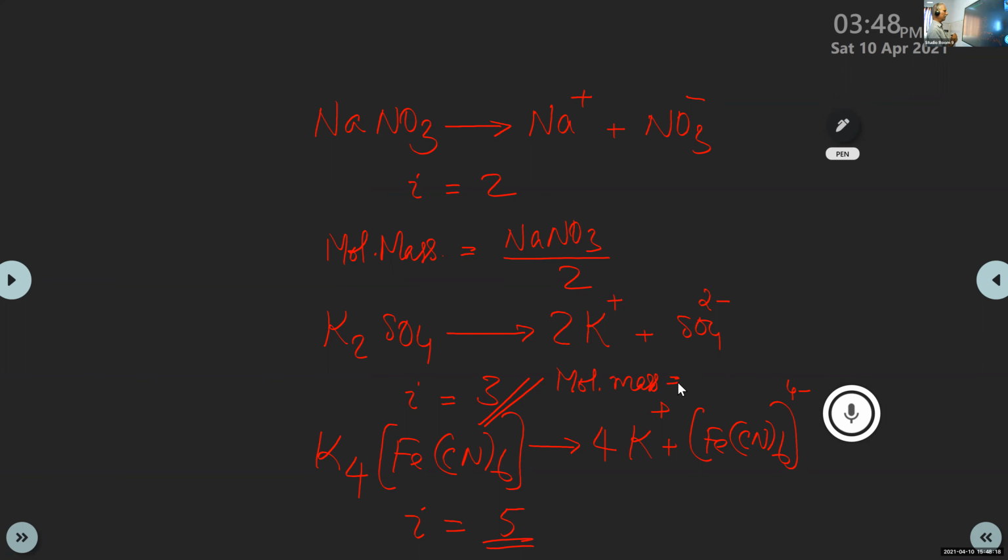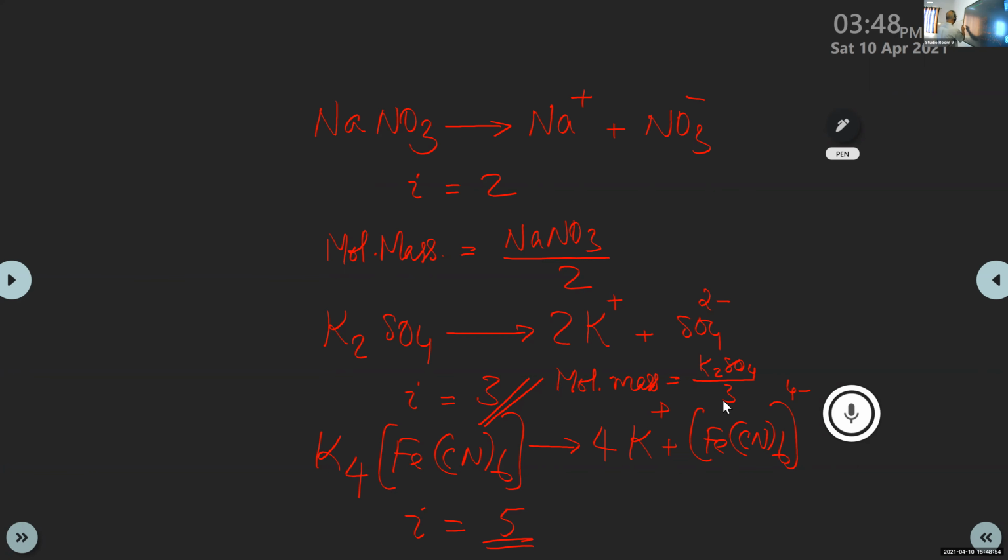Molecular mass will be K2SO4 by 3. Potassium 39 into 2, sulfur 32 into 1, oxygen 16 into 4. That is the normal molecular mass, and that is divided by 3.